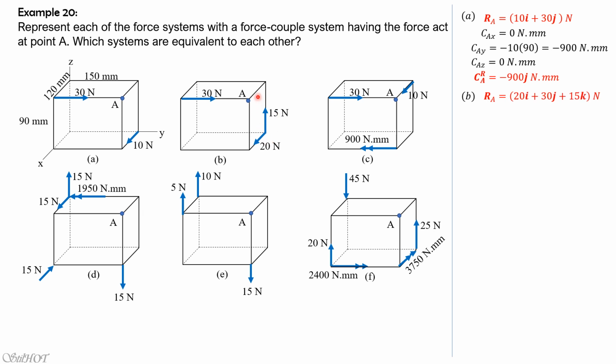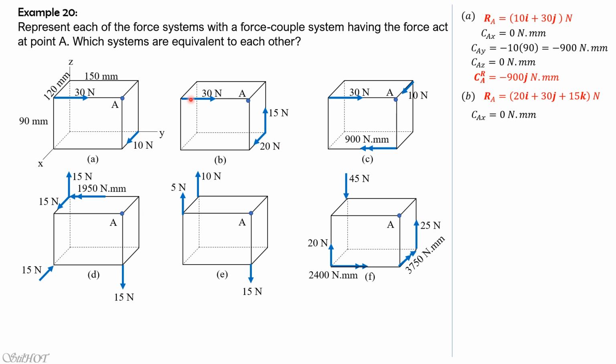Then for moment about AX, the 30 passes through AX, so 0. The 15 Newton force is also passing through AX, so 0. Then 20 is parallel to the x-axis, so there's no couple about the AX axis, so CAX is 0.